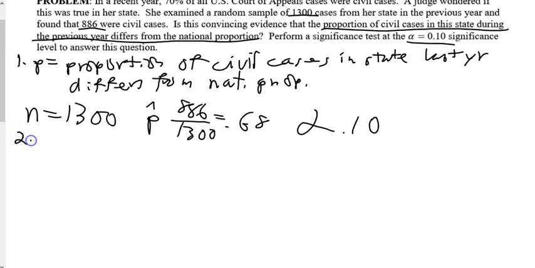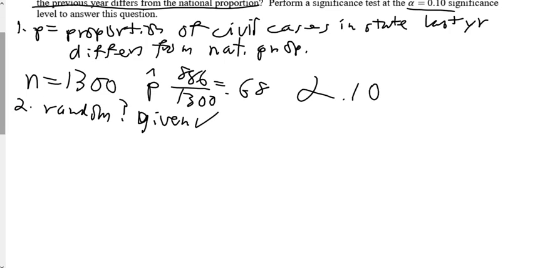On to 2. Now, this one did not have that special little sentence. So we have to say random, question mark, given, check. Because it told us a random sample of 1,300 cases. So random was given. Remember, this is a lovely template that's very easy to follow.